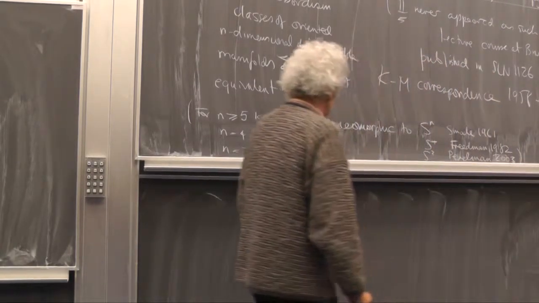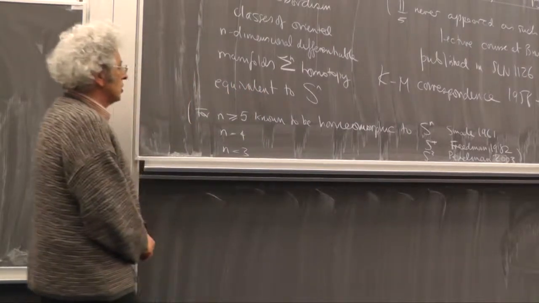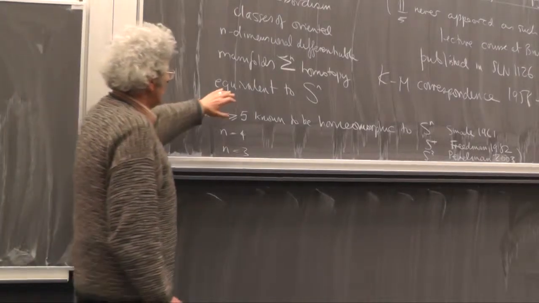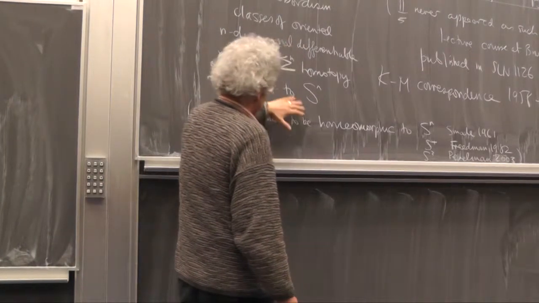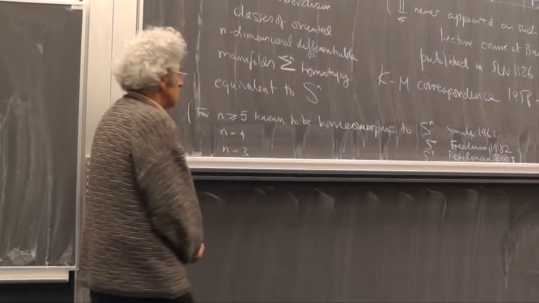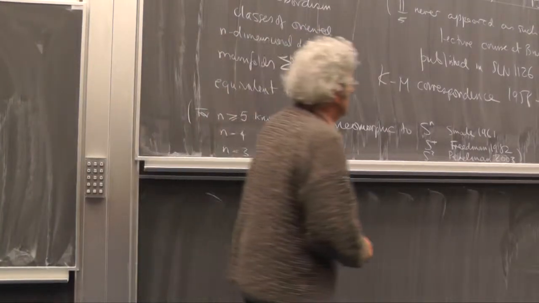Okay, so the Poincaré conjecture said that this homotopy equivalence condition was actually equivalent to homeomorphism. But there's a big difference between, well, there's no difference in all these dimensions between homeomorphism and homotopy equivalence. There's a definite difference between h-cobordism and diffeomorphism.